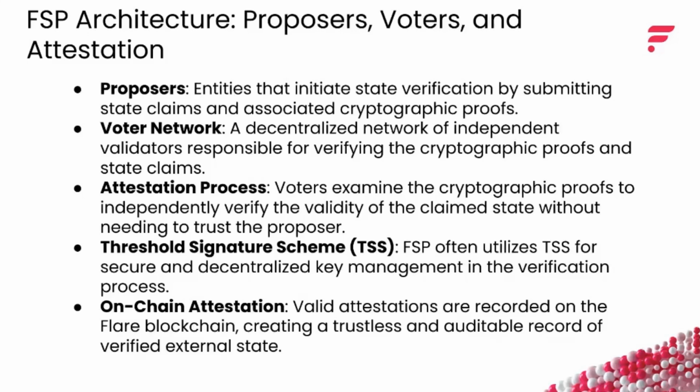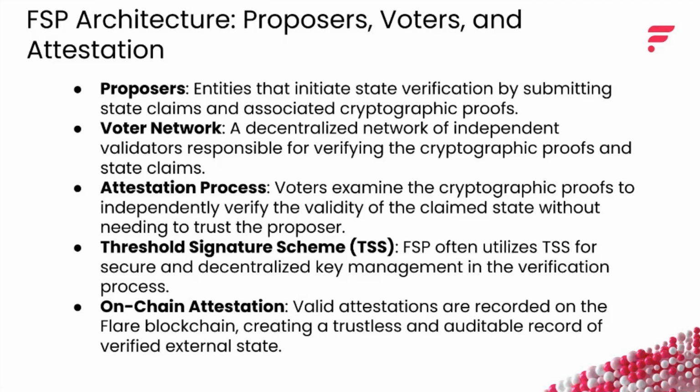Okay. A decentralized voter network composed of independent validators then takes over. These voters are responsible for verifying the cryptographic proofs provided by the proposers. The core of FSP, though, lies in the attestation process.